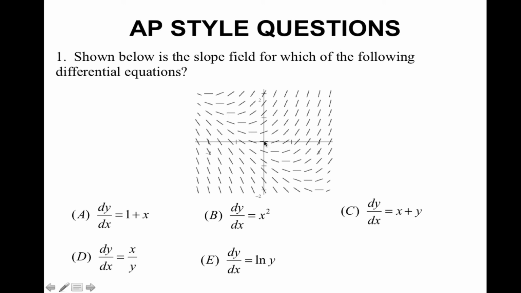So if I was to choose, say for example, this point right here, negative 1, 1, and if I was to plug that into choice C, negative 1 plus 1 does give me 0. And if I was to put it here in choice D, 1 over negative 1, that unfortunately gives me negative 1. So it's not choice D. So I now know it is choice C.